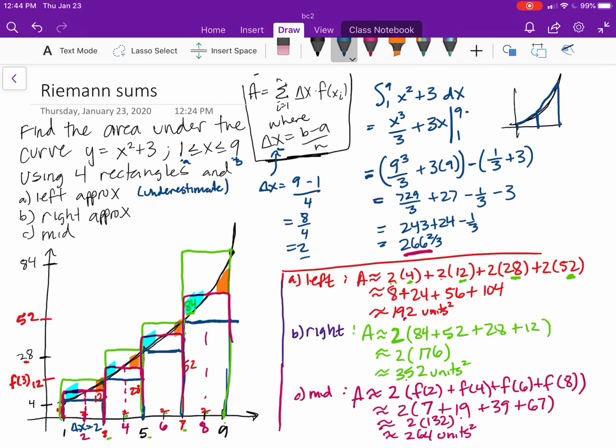The last thing I want to say is, in Calc 1 we learned all about limits and how they were used to find the slope of a tangent line of a graph, and then we kind of ignored them after that.